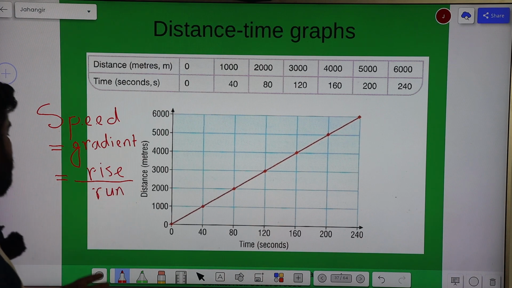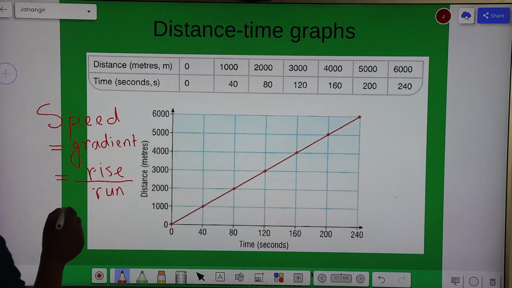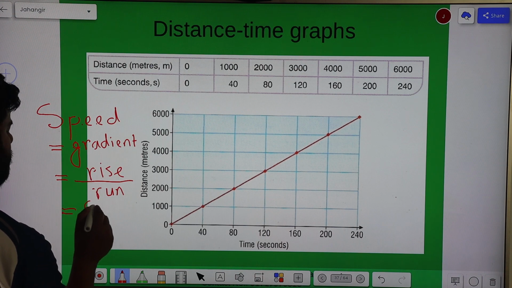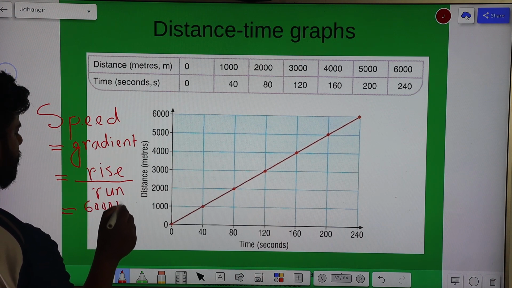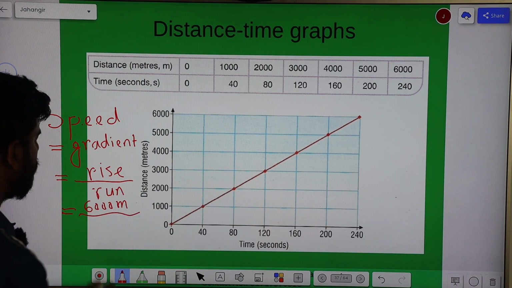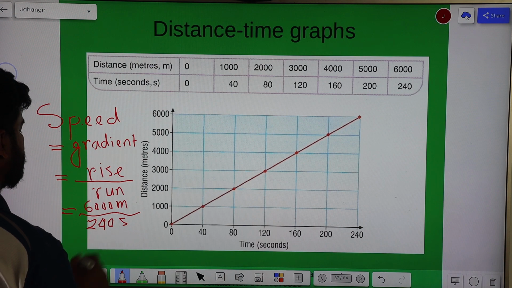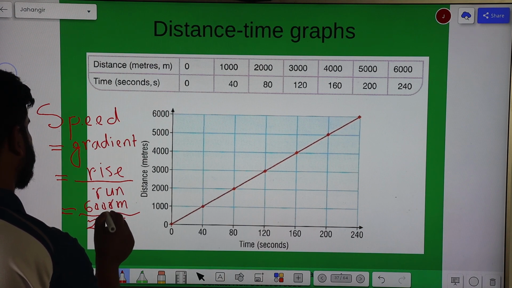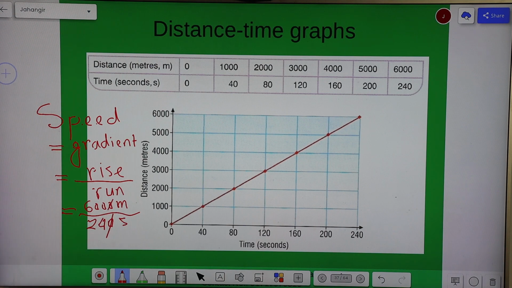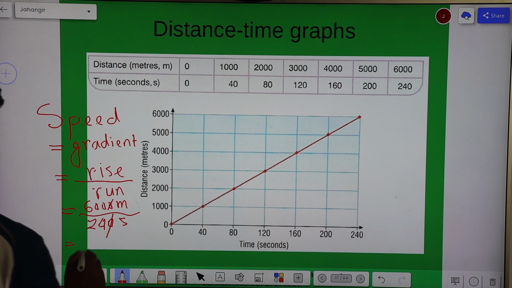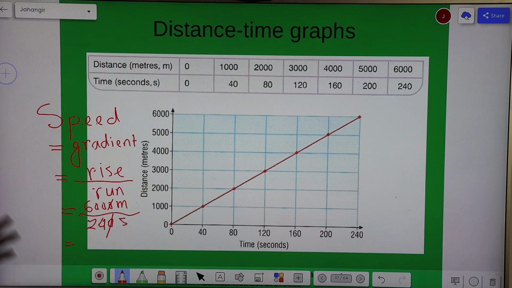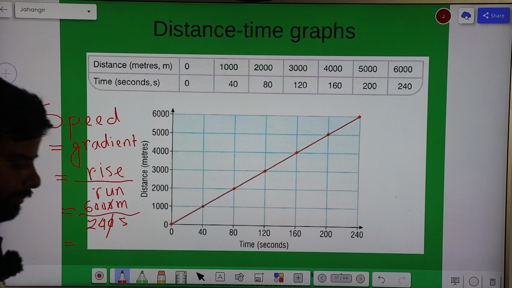Here the rise is 6,000 meter and the run is 240 seconds. So the zeros cancel. So we can easily calculate the speed of the moving object from this distance time graph.